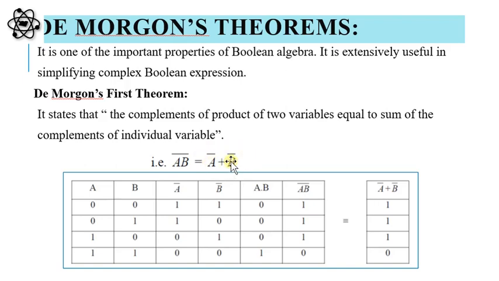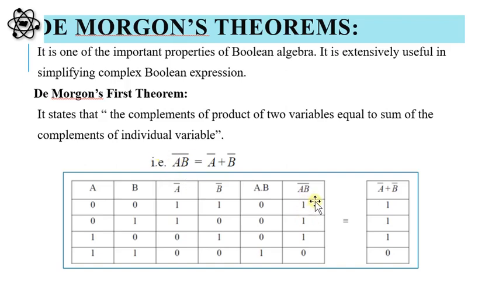So this is the complement of the product of the two variables, and this is the sum of the complements of the individual variables. Since we have two variables here, there are 4 combinations of inputs, and I want to map LHS to be equal to RHS, so that is why I am also writing what A bar and B bar are. I am going to take the multiplication of AB and then complement it, so that is why I have AB bar here. And one more thing to be noted, we don't always represent the dot, so you can clearly see AB bar is written together.